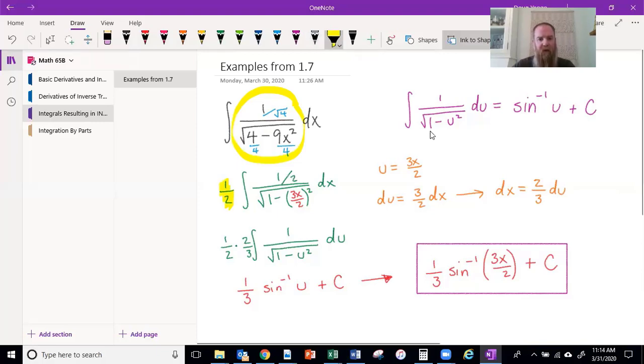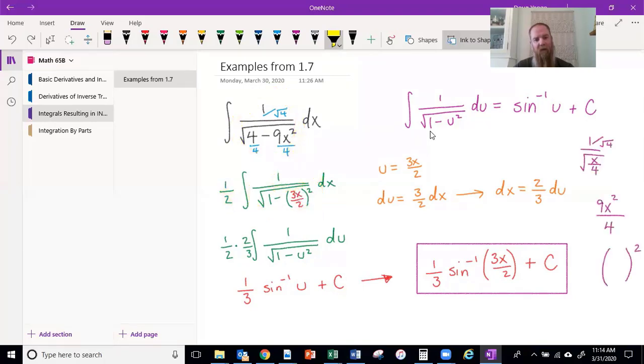So this function right here is exactly the same as this function right here. All I chose to do was take the 1/2 from the inside and pull it to the outside, which is now where we end up getting this 1/2 on the outside. And now this quantity right here is u.